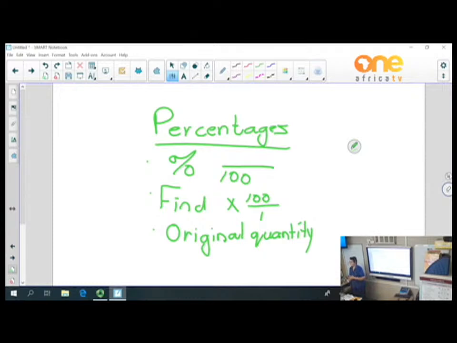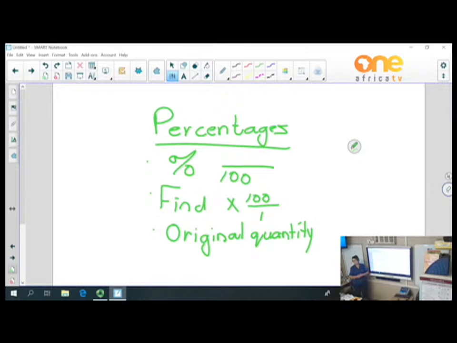I get the bill which says $2,000. Okay, but the question is now, what was it before tax of 15% was added? I don't know. So I provide you that the tax is 15%, but how do you go back to that original quantity? And this is what we're going to look at.